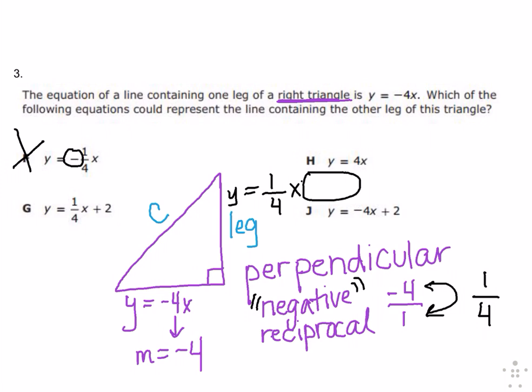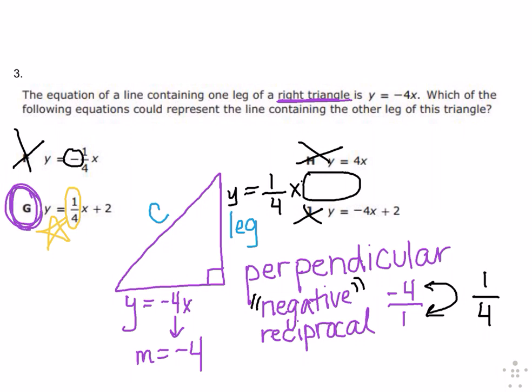And if we look at the next one, it looks like G could be a good choice because we see that the slope is 1/4. H doesn't work because that's not the negative reciprocal. And J doesn't work because that's not the negative reciprocal. So the correct answer here would be G.